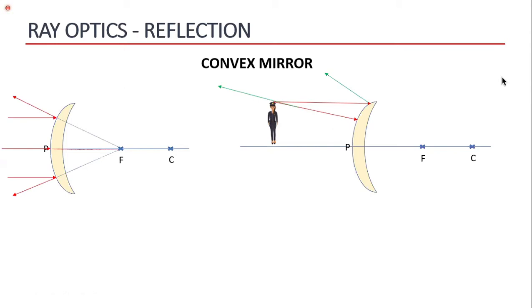Any ray passing through your center of curvature will also go back through your center of curvature, 180 degrees, right? Now, this ray will meet at the focal point. If I retrace it back, it appears as if it is coming from your focal point, isn't it? And this ray is coming from your center of curvature. So you have a virtual image but diminished.